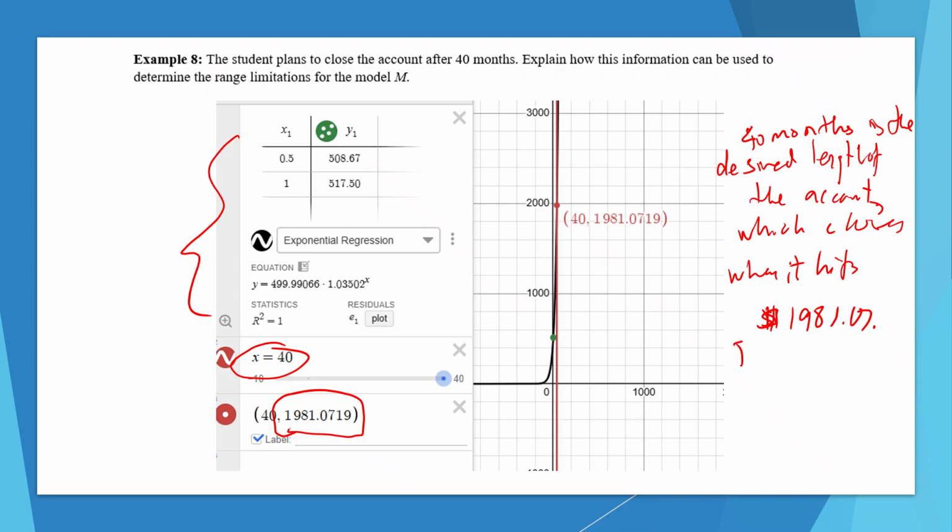And then I would say the range is then 500 is less than or equal to m of t, which is less than or equal to 1981.07 there, right? So that should be my answer for example number 8.